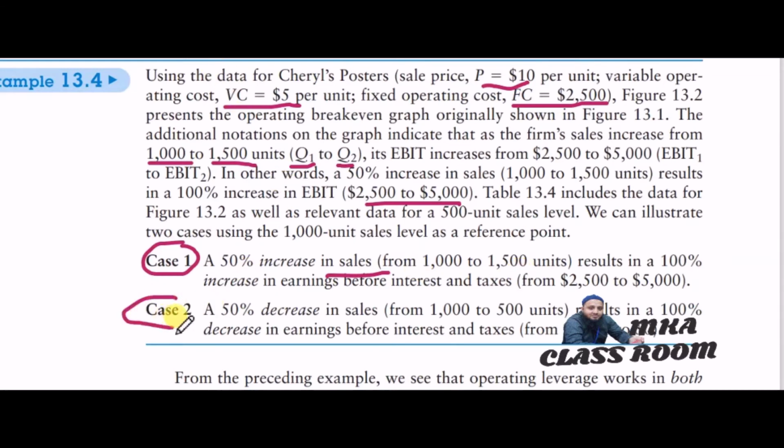And case 2, a 50% decrease in sales, that is 1000 to 500 units.